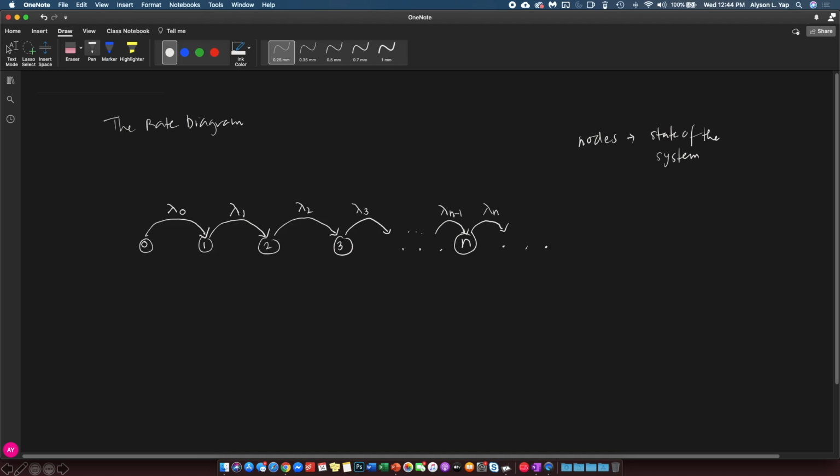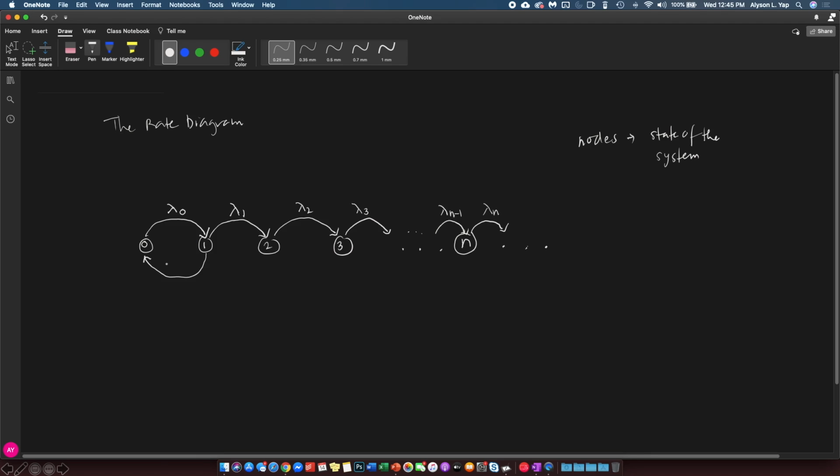Now, if the top part shows us the birth rate, then the bottom part shows us the death rate. And in this case, as you can imagine, we move from a state of 1 to a state of 0. And what is the rate at which we move from 1 to 0?